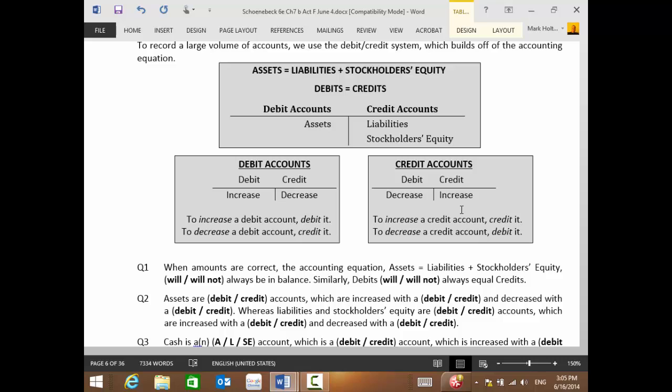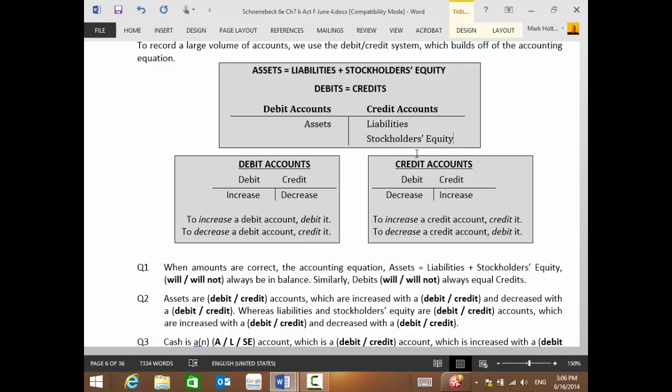So the total of the debit accounts, which you can see here on the left, is equal to the total of the credit accounts, which you can see here on the right. And we're trying to construct this system so there's as little subtraction as possible. On a practical level, it's easy to add up. Remember from math, it's easy to add up a sum of numbers. It's not easy to subtract a long list of numbers.